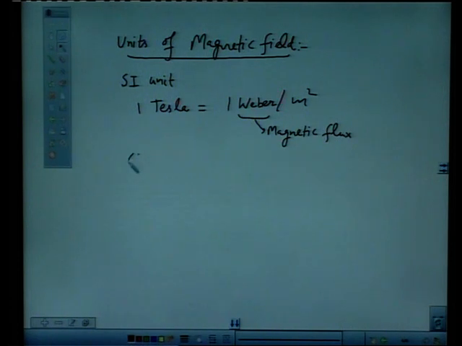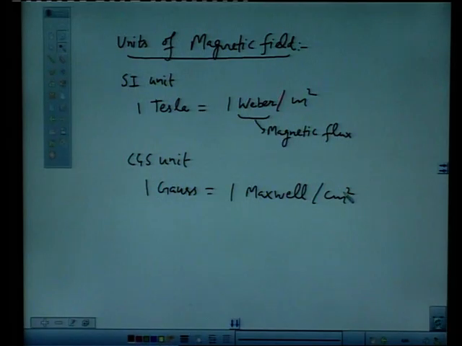And the CGS unit of magnetic field is 1 Gauss, which is equal to 1 Maxwell per centimeter square. So, if we relate Tesla with Gauss, 1 Tesla will be equal to 10 raised to power 4 Gauss.